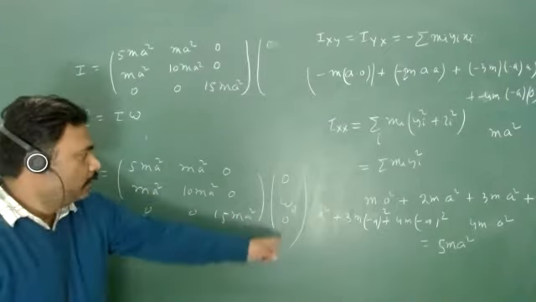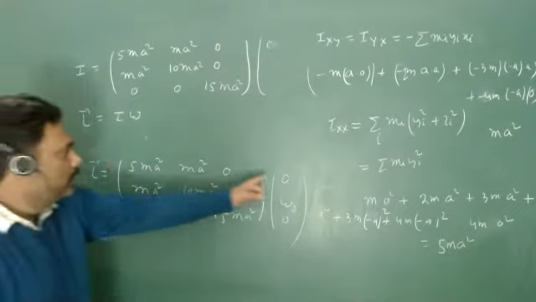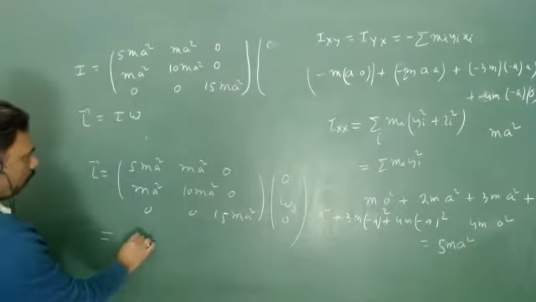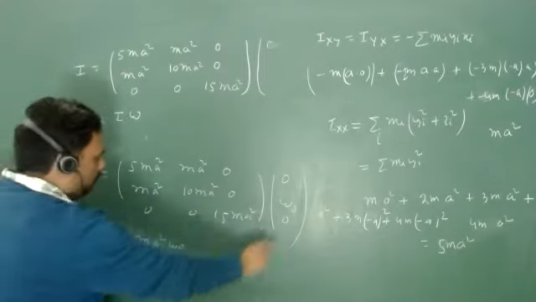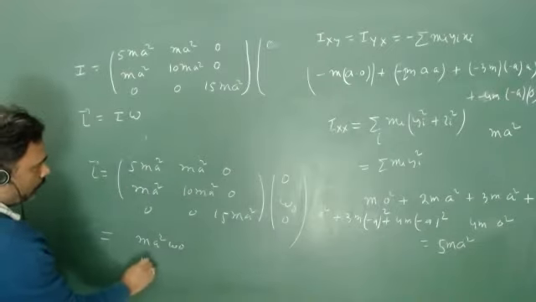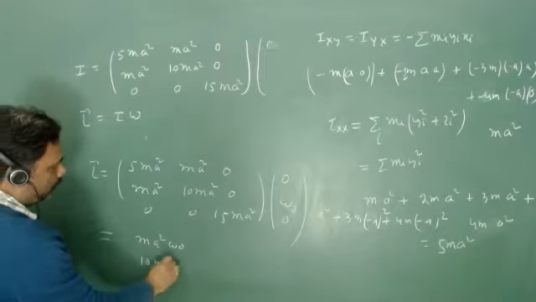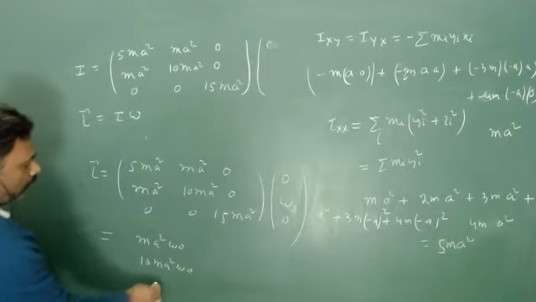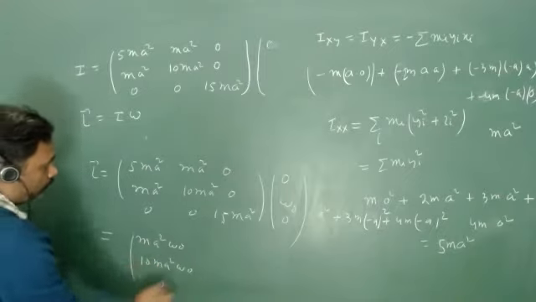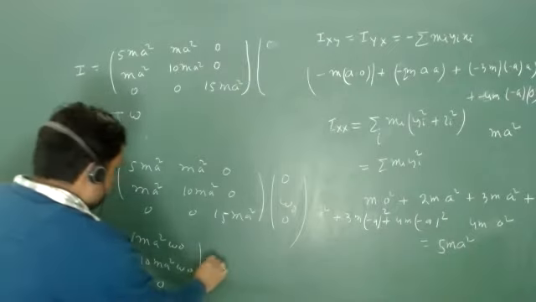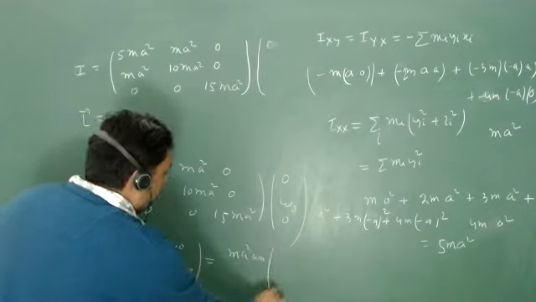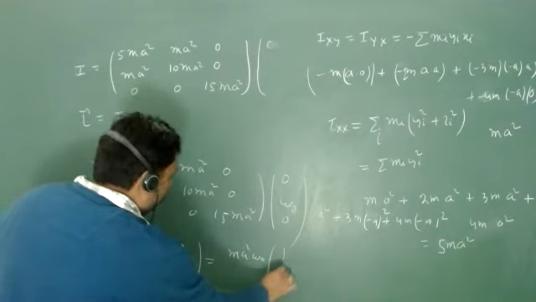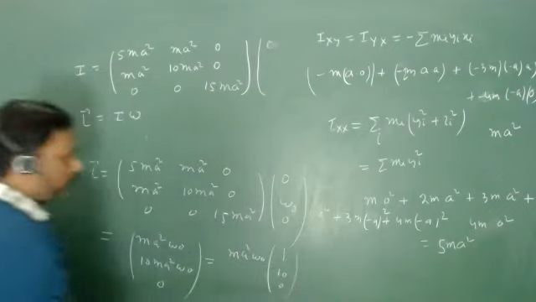First term is ma square omega naught. Second term is 10 ma square omega naught. Third one is 0. Now you have ma square omega naught outside, and your vector is 1, 10, 0.